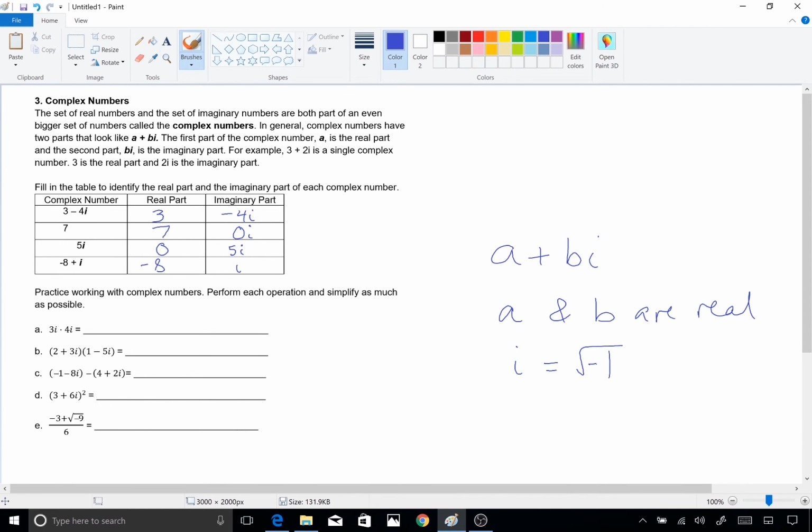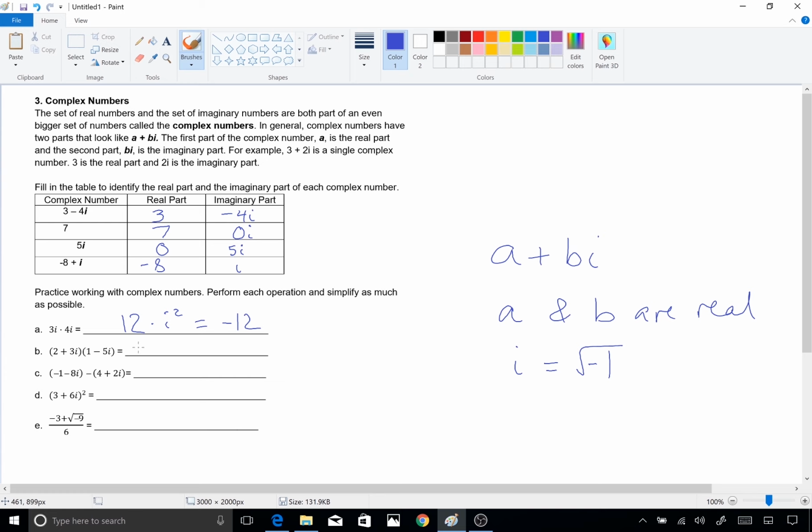Here are some examples of operations with complex numbers. 3i times 4i, that's 12 times i squared, which is negative 12 because i squared is negative 1. When you multiply two complex numbers, you FOIL just as you would when multiplying any two binomials.